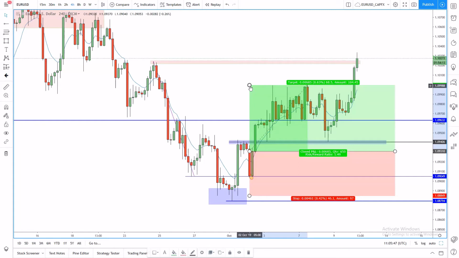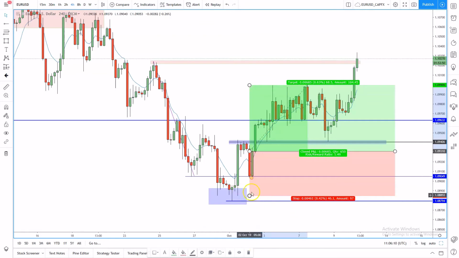So I normally advise to close at least maybe half or even 60% of your running profit if you're up 50 plus pips, and then let the rest run, because you don't want to give away to the market everything. So at least if you can close about 60% or 50% of your running trade.